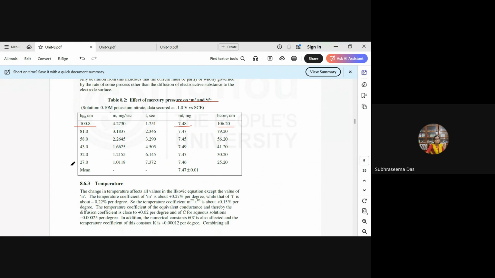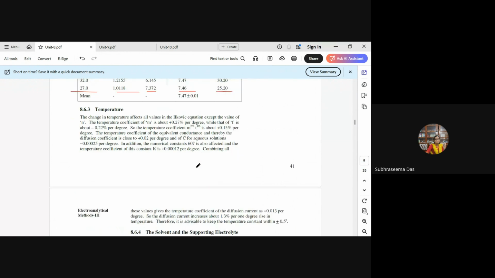Then when the height is 27, the m is 1.0188, and t, the time required, is 7.37, the value becomes 7.46, and the h is 25. This is the data when we use 0.1 molar potassium nitrate, and the data has been plotted at minus 1 volt versus the SCE. So this is the effect of mercury pressure on different parameters.